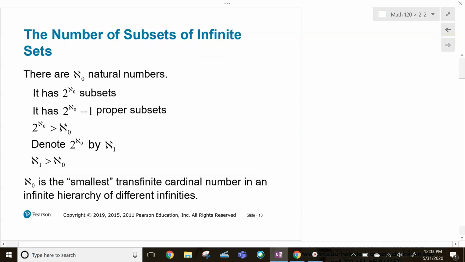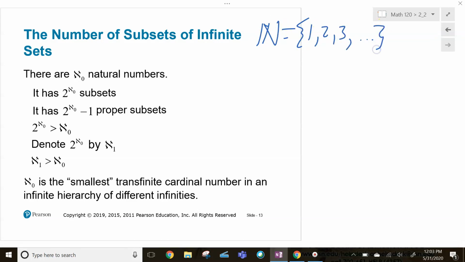All right, this is just a, hey, just FYI on this. If you're thinking about the natural numbers, we know that if we were going to list natural numbers, this is an infinite set, right? It keeps going forever. And by the way, they refer to that as countably infinite. There's a number assigned to this: the cardinality of the natural numbers, the number of natural numbers that there are.